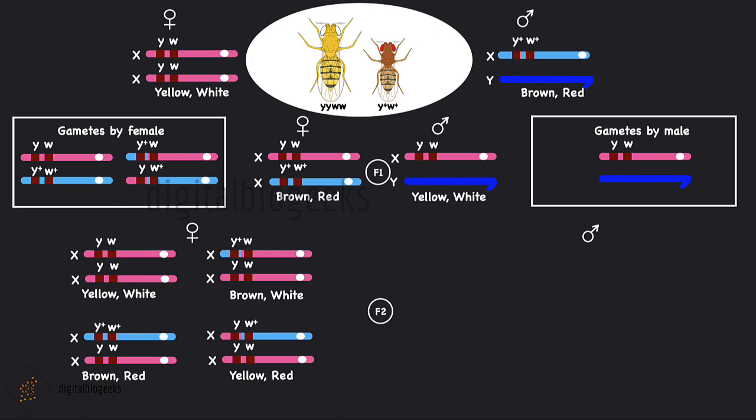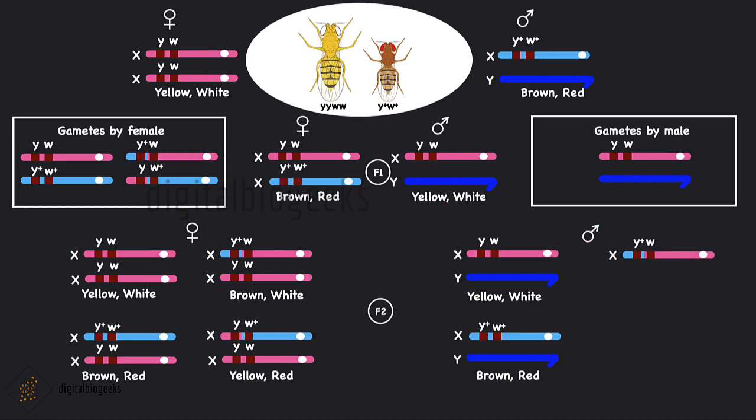The male offspring are formed by joining the X chromosome from the mother and the Y chromosome from the father. The first one becomes the parental type with yellow body and white eye. The second one also resembles the parent with brown body and red eyes. The third one is a recombinant with brown body and white eye, and the last one is also recombinant with yellow body and red eye.